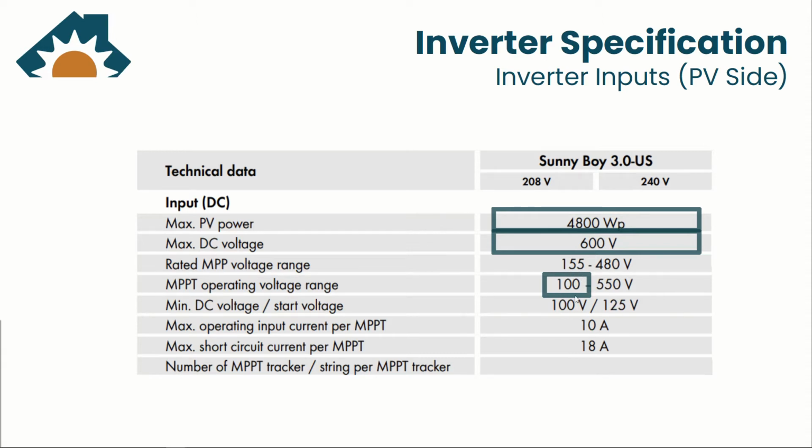Usually this is higher than both of these, at least from what I've seen. I would actually use this 125 volts, and I think that's what we will use in our calculation. But in general, I usually would use the lowest range of the MPPT operating voltage. But because this 125 volts is higher, we're going to use that number.